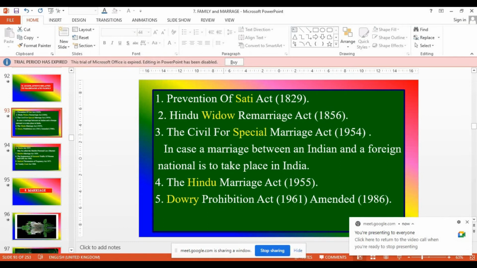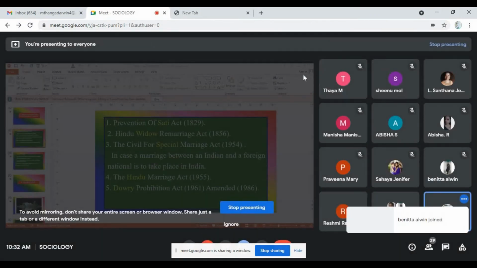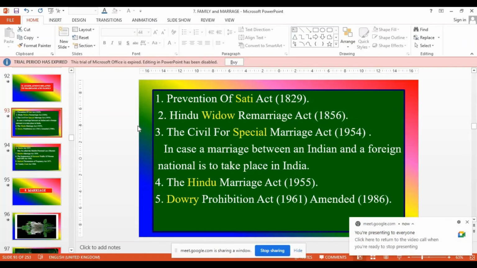Second legislation, the Hindu Widow Remarriage Act, 1856. As we know, child marriages were common in 1856. Every marriage was a child marriage in India.